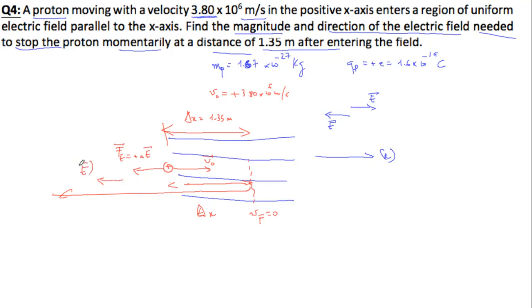So we answered the first question: E is in the negative x direction. The velocity of the positive proton is in the positive direction, the acceleration is in the negative direction, the electric field is in the negative direction, and the electric force is in the negative direction to make it stop. Great.